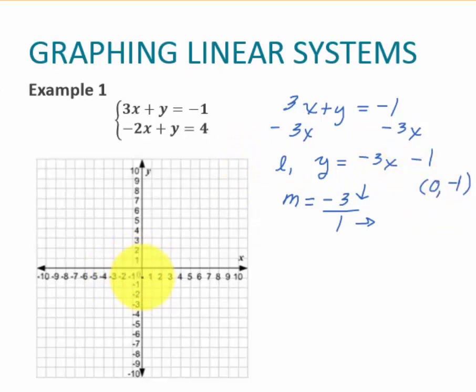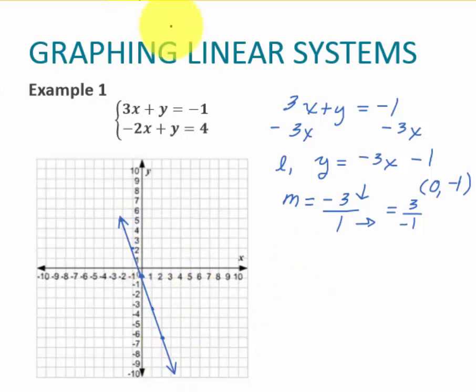So 0, -1 is right here, and I will go down 3 units and over 1. Now remember, that's the same thing as if I had written 3 positive and placed the negative with the 1. So from that y-intercept, I could rise 3 and go to the left 1, and that will help me to draw the line.